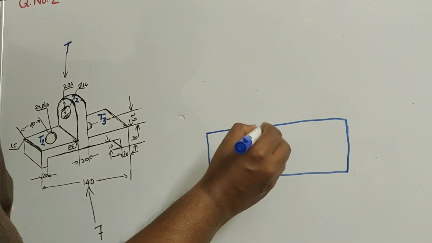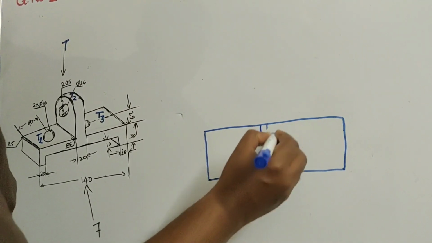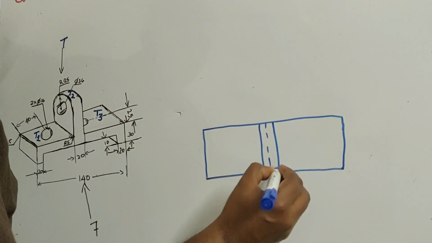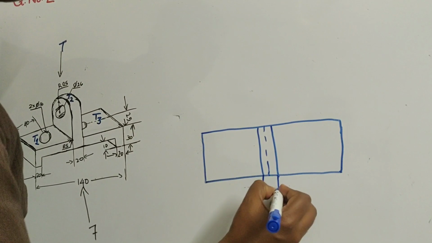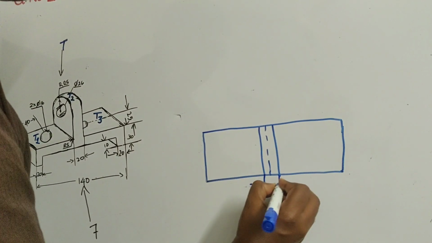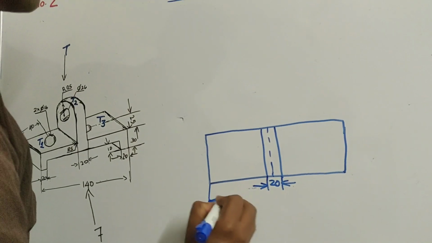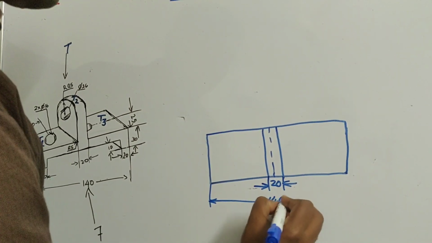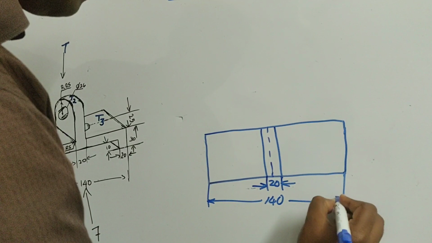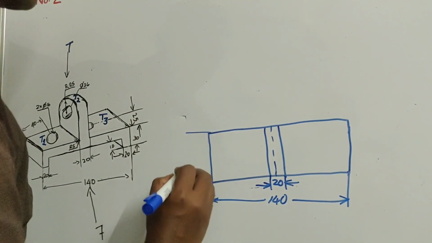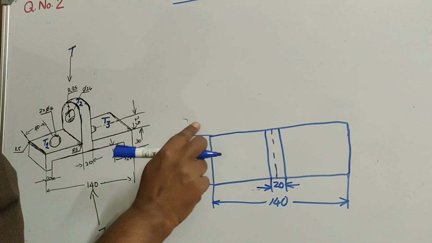You can take 10 to the left side and 10 to the right side. So, total there will be 20. So, this is 20 and this length is 140 and this is actually 50.